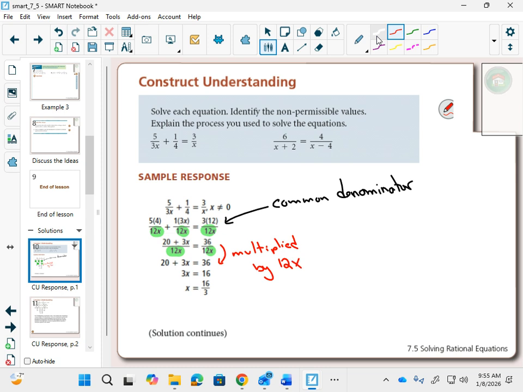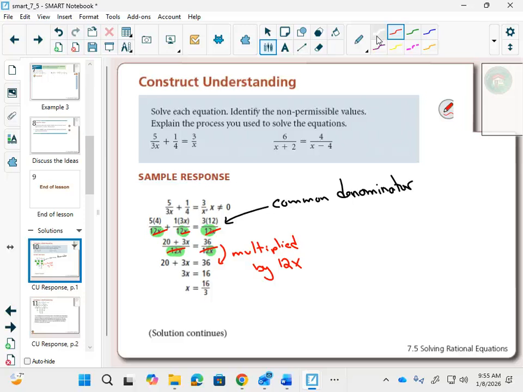And if you multiply by 12x, those get to go away, right? In fact, we could have even done it the step before and had them all go away earlier. And what do you get? You get 20 plus 3x equals 36.